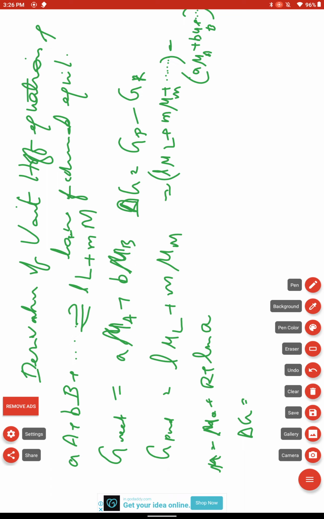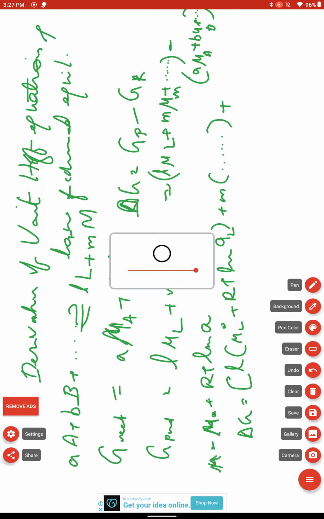Substituting the terms, we can write square bracket l into mu L 0 plus RT ln a L, close here, plus m into the term similarly, etcetera, close the bracket, plus the next term.